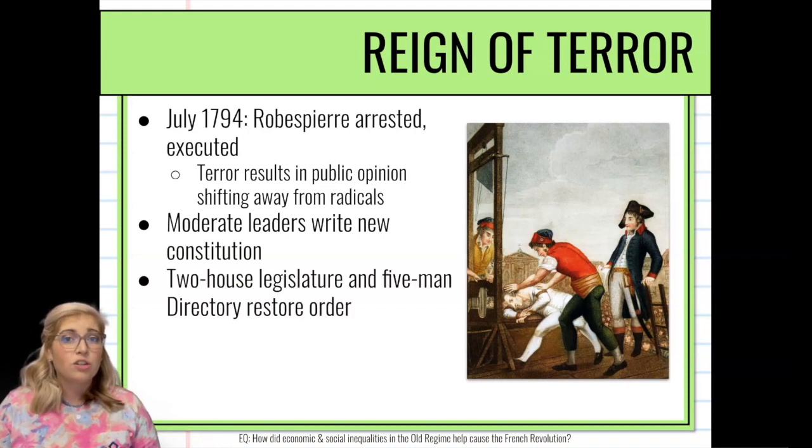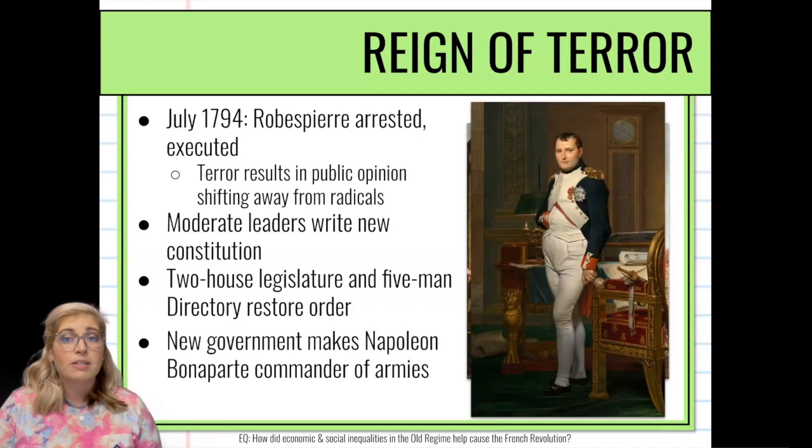They put in place a two-house legislature, very similar to the United States. We have Congress with the House of Representatives and the Senate. And then they also have a 5-man directory. And those two bodies come together and restore order. And that paves the way for a new government that's going to be set up by Napoleon Bonaparte, who was the commander of some of the French armies.